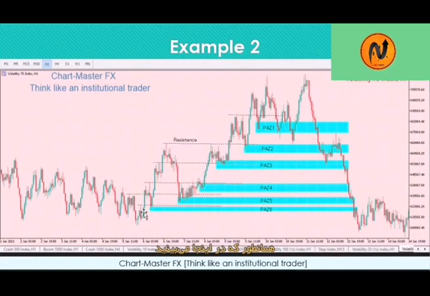As you can see here, we had a left shoulder, and we drew our resistance line. The price was able to break that left shoulder, and it went and engulfed it. Once it engulfs it, you draw your price action zone.